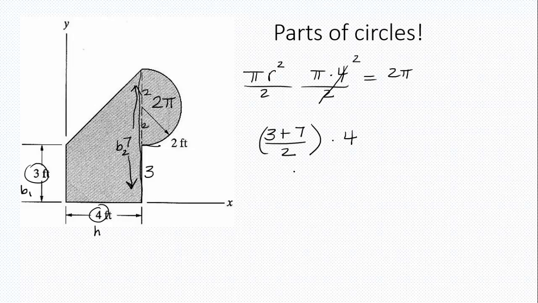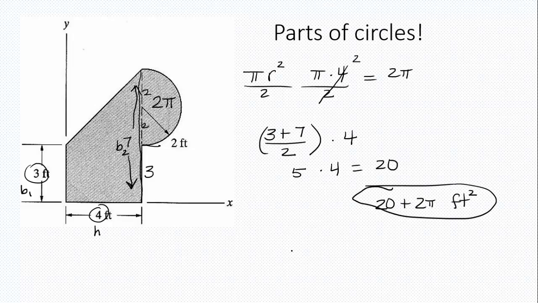So I've got 10 over 2 is 5 times 4, which is 20 square feet, both of those. So altogether we've got 20 plus 2 pi square feet. Now, another way to do this problem would have been to divide the trapezoid into a right triangle and a rectangle, and figured out that way with 3 areas, and that will come out exactly the same.